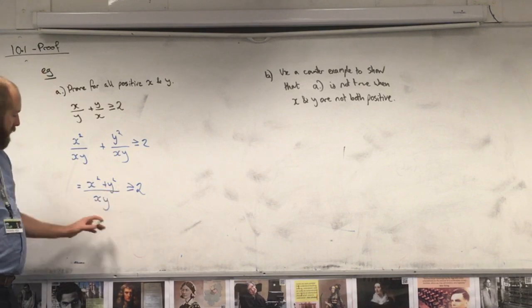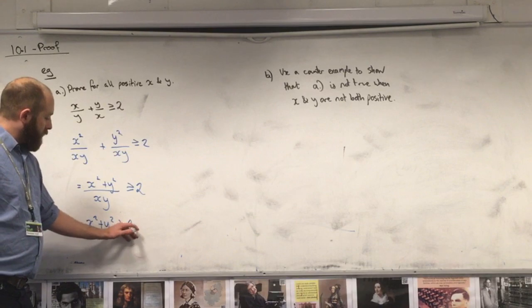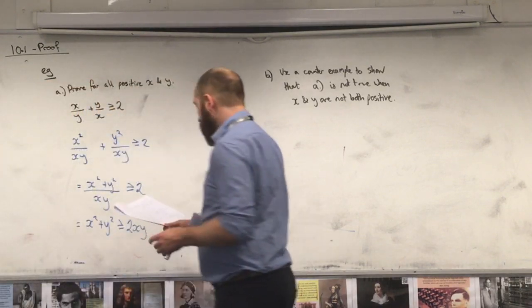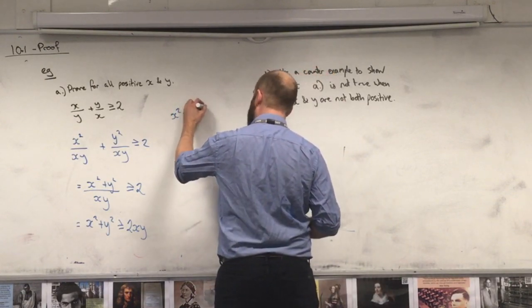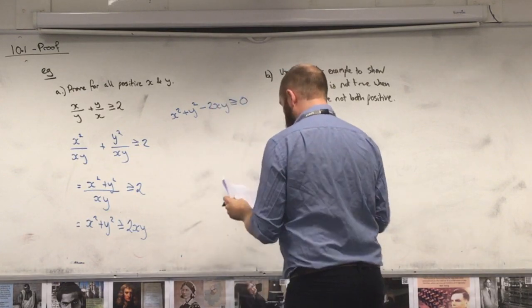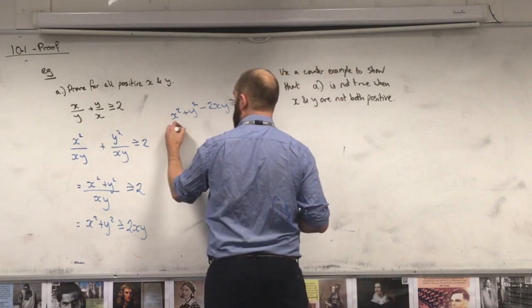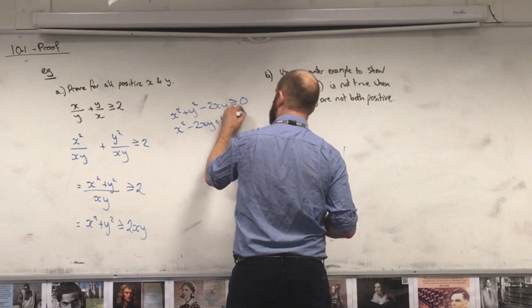And if we times both sides by xy, we get x squared plus y squared is greater than or equal to 2xy. And we can now take all that onto one side and say x squared plus y squared minus 2xy should be greater than or equal to 0. Now, we could rearrange this: x squared minus 2xy plus y squared greater than or equal to 0.